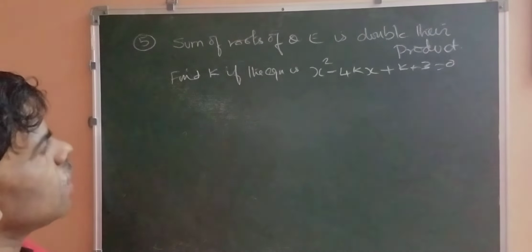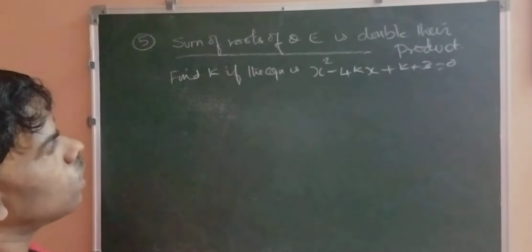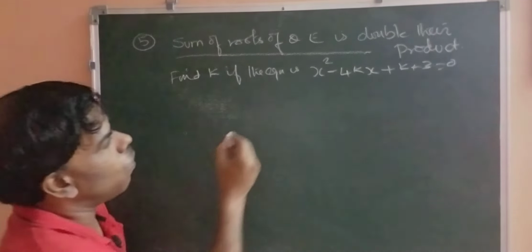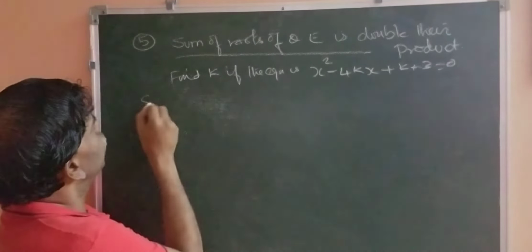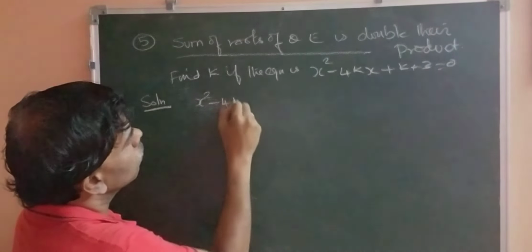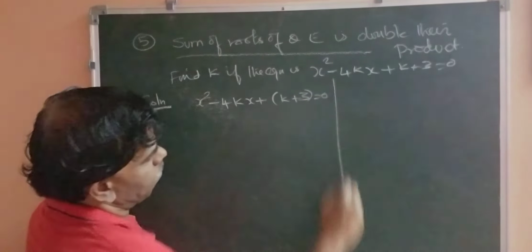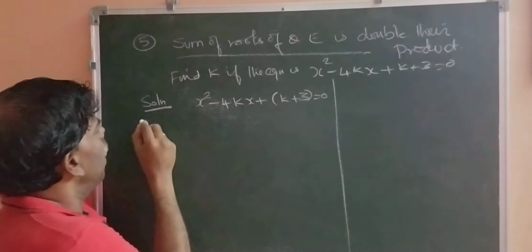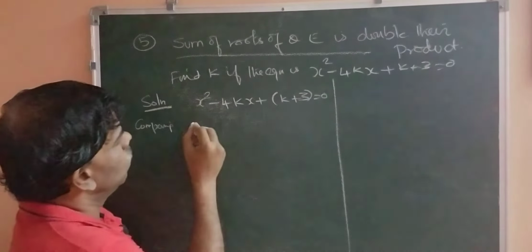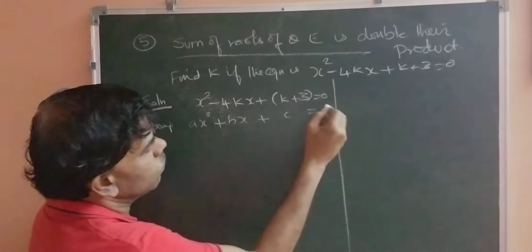Okay. Now listen very carefully. One condition is given. The sum of the roots of the quadratic equation is double their product. Okay, that we will use. Now, solution: comparing with ax square plus bx plus c equal to 0.